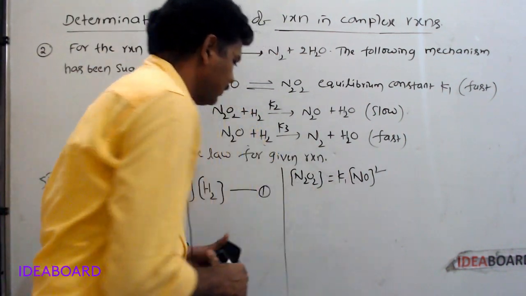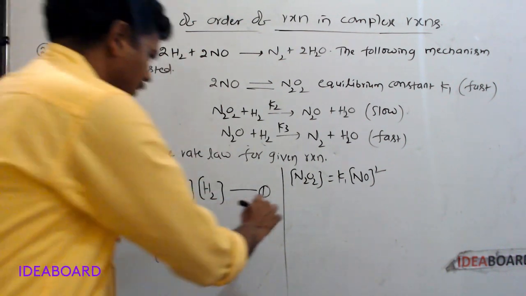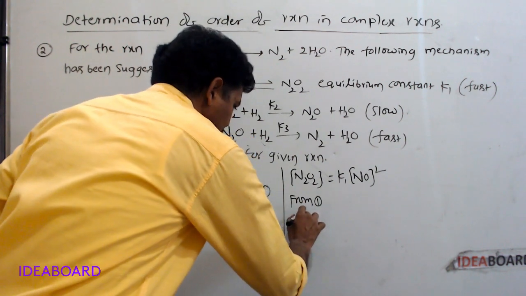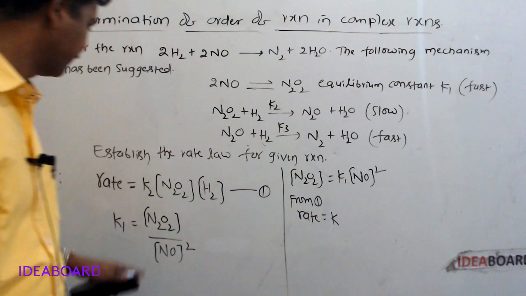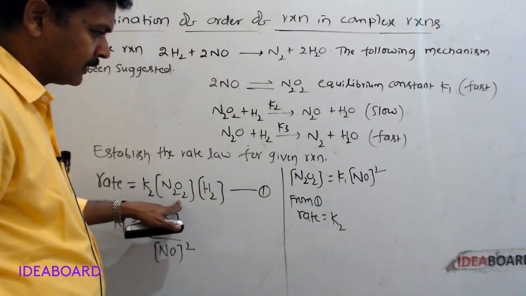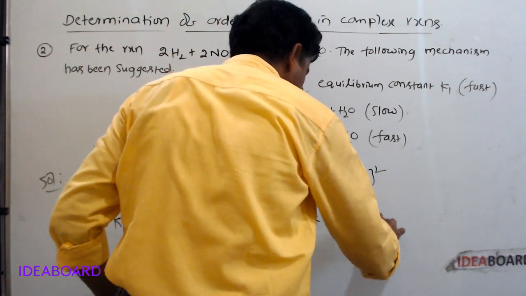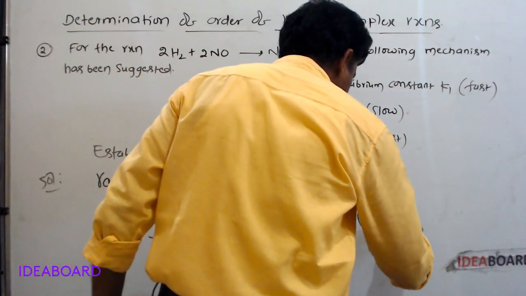Now put this N2O2 concentration in this equation. From equation 1, rate is equal to K2 into, instead of the N2O2 concentration, we can write K1 into concentration of NO squared, into concentration of H2.